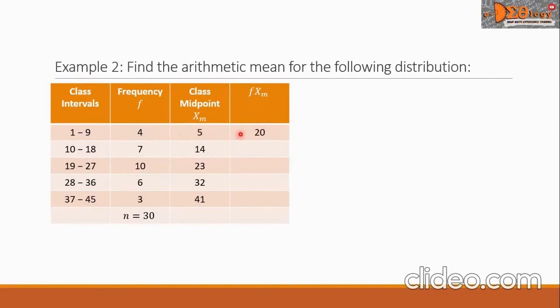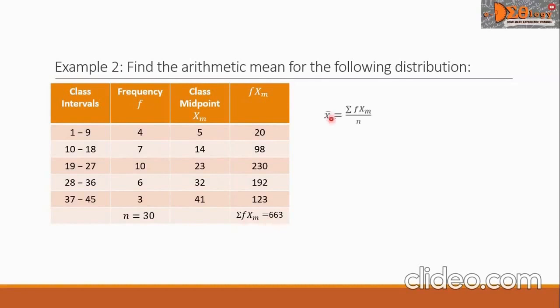That idea we will follow on the other blanks. 7 times 14 gives 98. 10 times 23 gives 230. 6 times 32 equals 192. 3 times 41 equals 123. Then, let us take the summation and we will put the answer at the bottom. So we have the summation of f times x sub m equals 663.